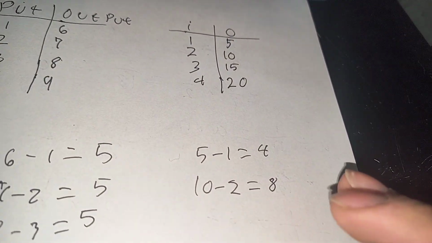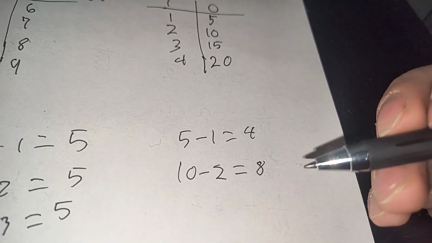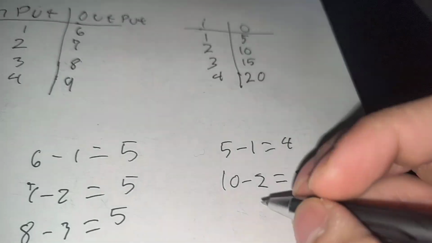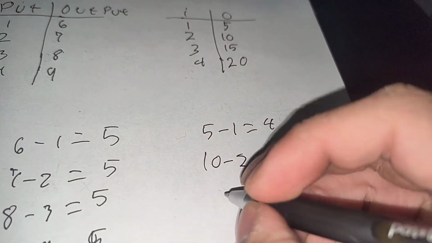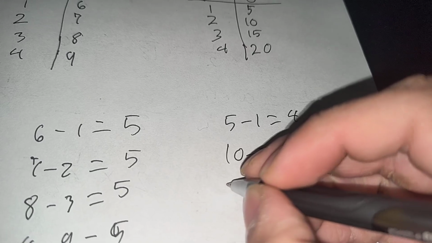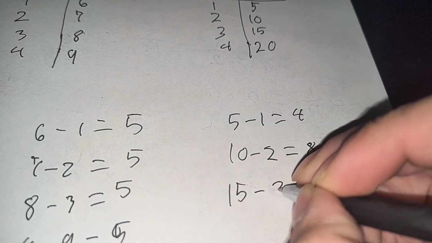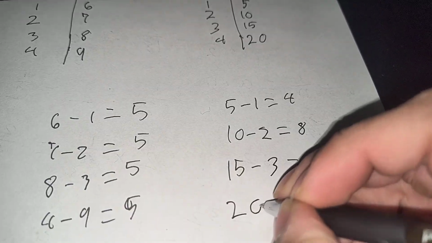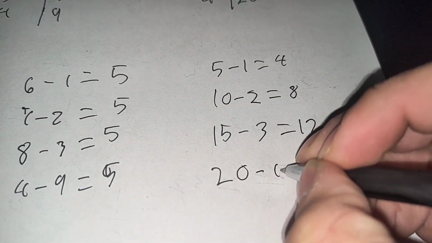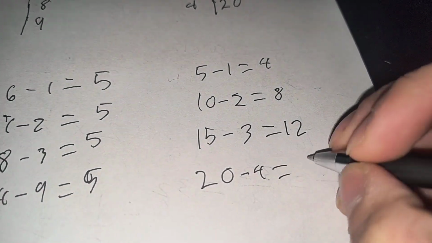Now here, we can check if it's multiplicative. If I keep going, I'll show you something. 15 minus 3 is equal to 12, and 20 minus 4 is equal to 16.